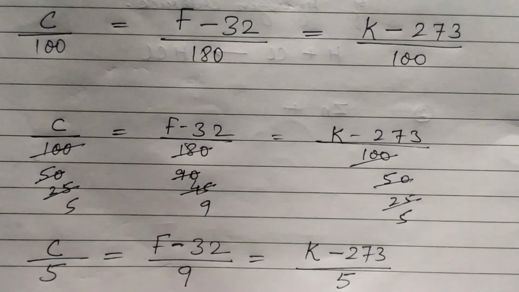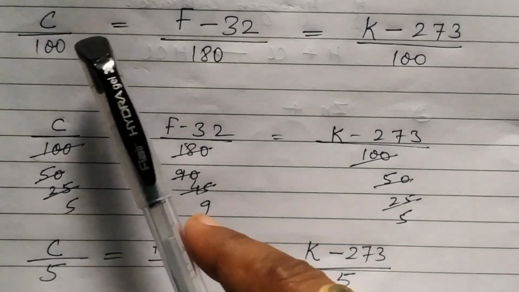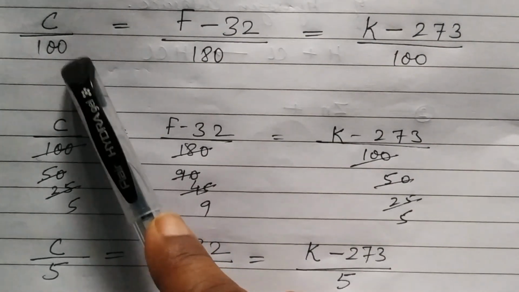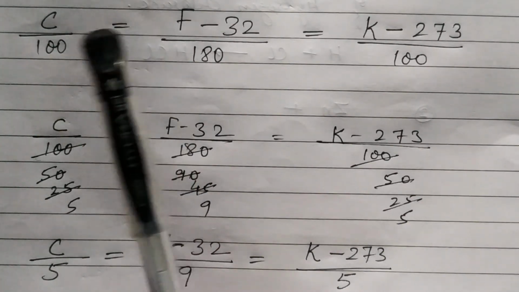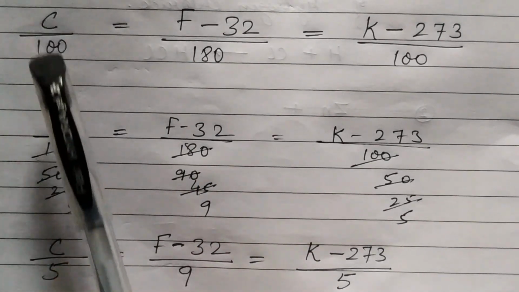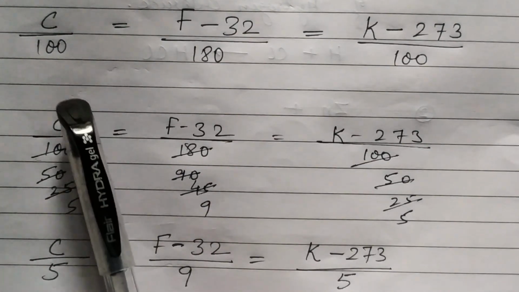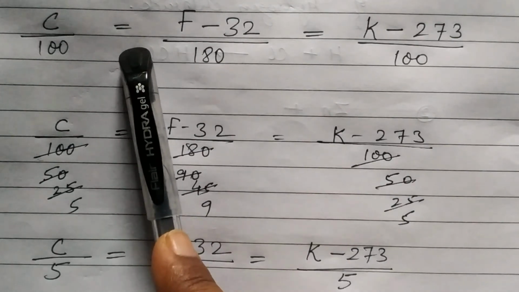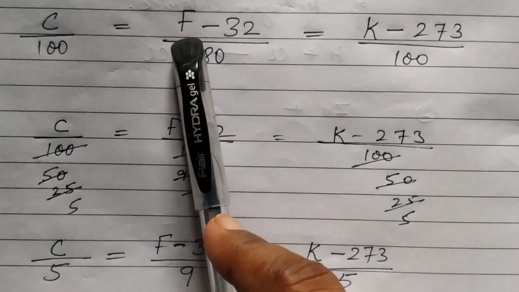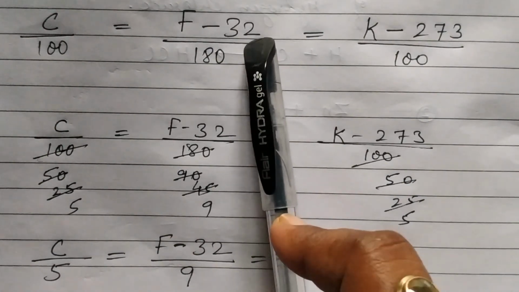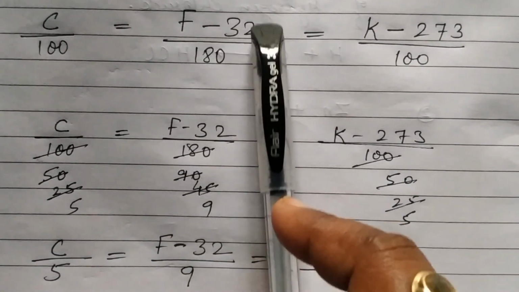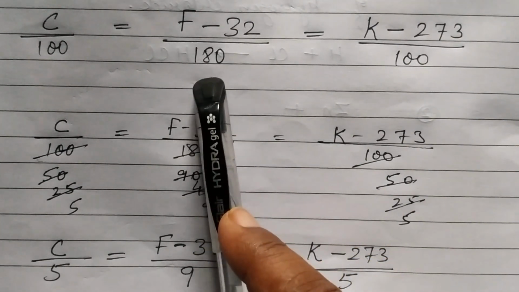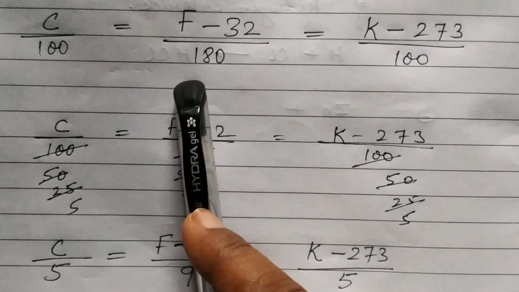Let's move further. The formula is being simplified. C upon 100. How did C upon 100 come? As we have studied, C minus 0: when we subtract 0 from C we get C only, and 100 minus 0 gives 100 only. So here it comes C upon 100 equals, in Fahrenheit, F minus 32, the lower fixed point, divided by the upper fixed minus the lower fixed of Fahrenheit, that is 212 minus 32.